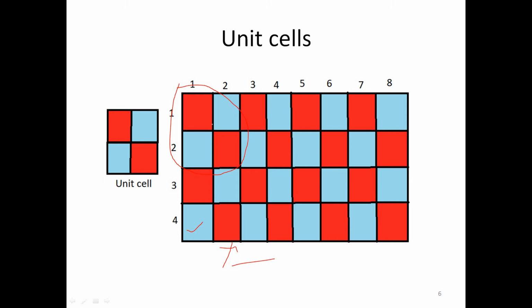If we know this structure, we can know the structure of this fifth row, fifth column, or this third row. We can know everything if we know the structure of only this small unit. So this is our unit cell. All the characteristics of the floor pattern are hidden only in this small unit.